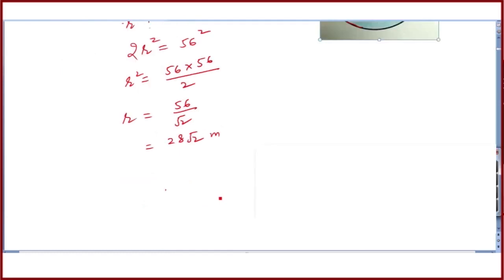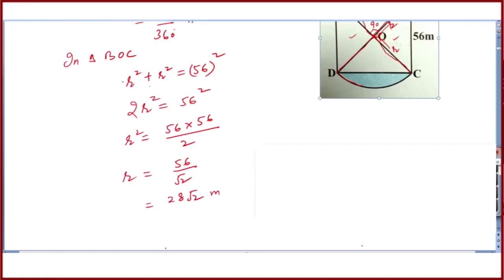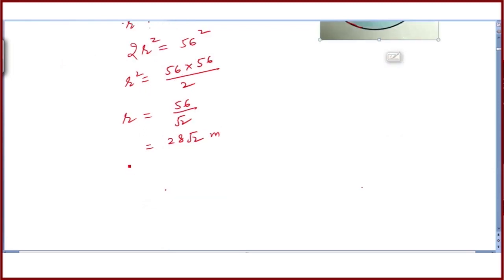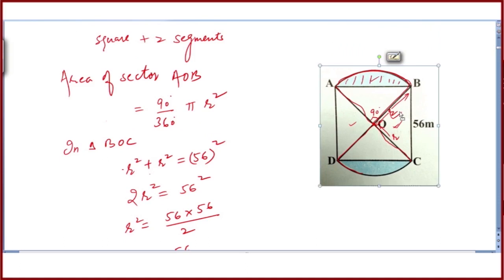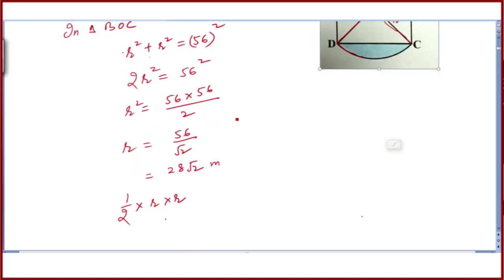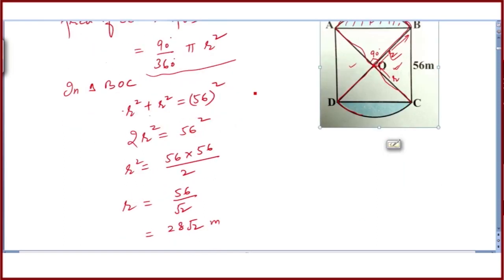Now if you want to calculate the area of this triangle, we can do half into base into perpendicular. Now we have this r, so we can calculate area of sector AOB, which is equal to 90 by 360 pi r square.